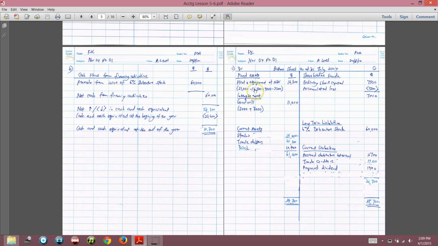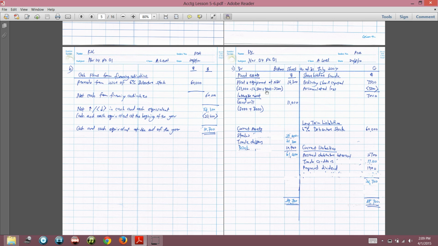Then provision for depreciation, which means the same as accumulated depreciation, is 12,500. So for this one, I just put one figure here. This is the net book value, 23,000 minus the accumulated depreciation of 12,500, plus what you buy during the year, 9,000.